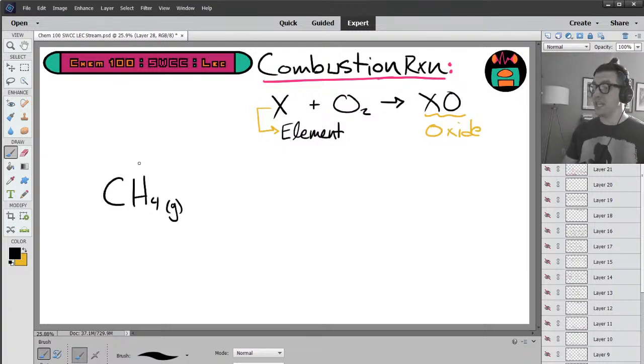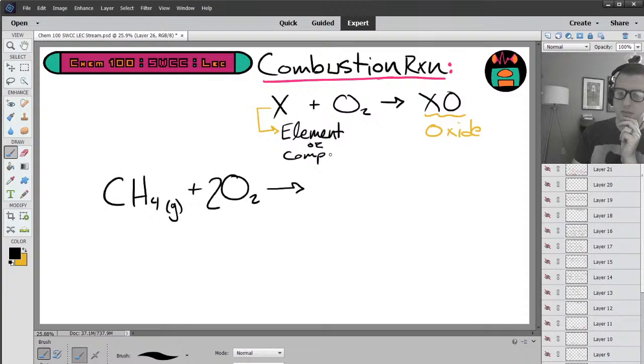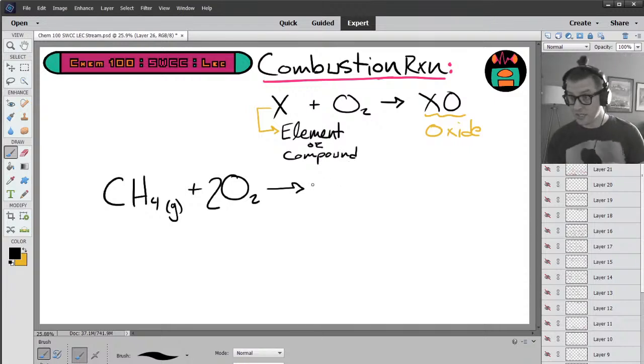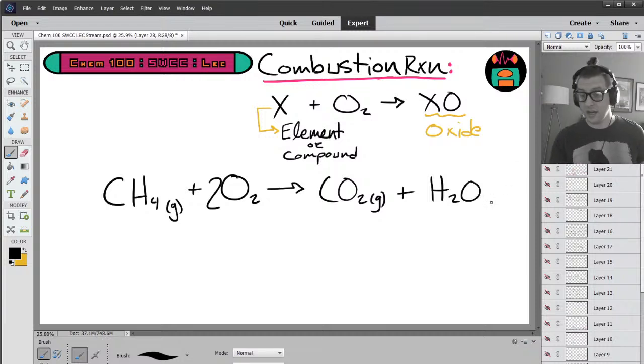Our stoves burn CH4. And so it is the combustion reaction between CH4 and O2 to produce. Now this is interesting. I should really say this is an element or compound. Doesn't have to be an element, as you can see in this example. But you'll notice that there are two elements here. There's carbon and hydrogen, and the two products are an oxide of carbon and an oxide of hydrogen, CO2 and water.